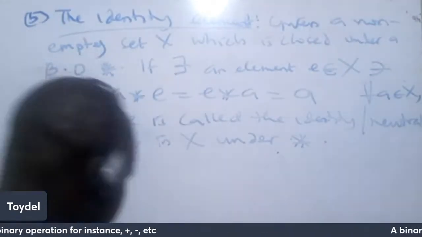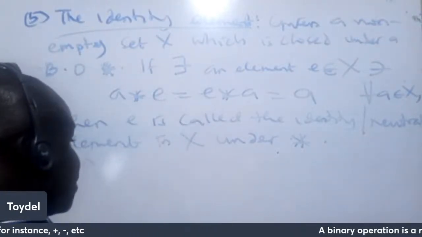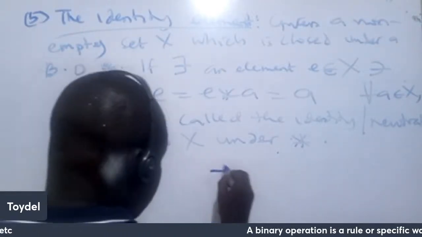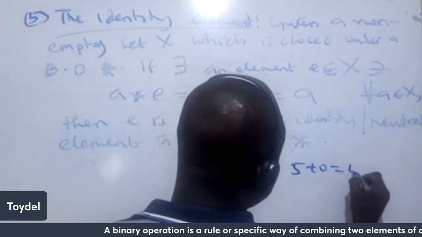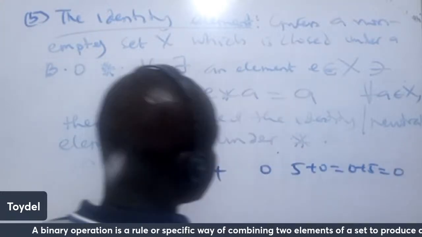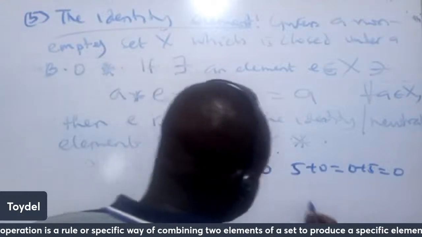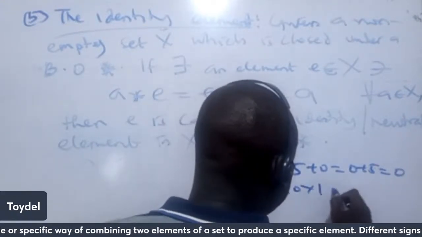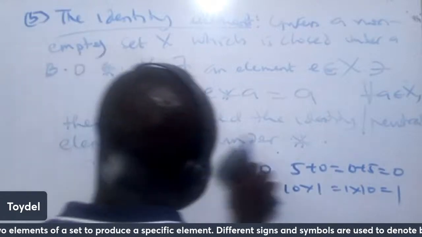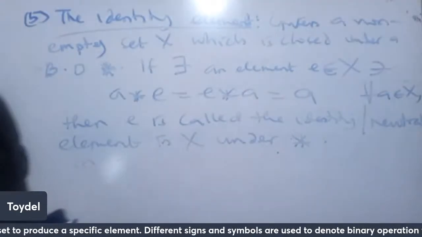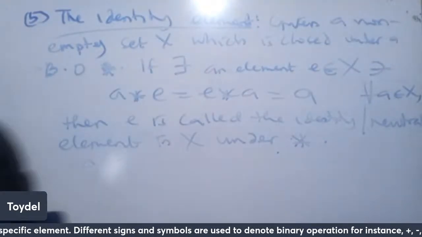Just like in the case of addition, the only identity element we have is 0. When we say 5 plus 0, it's the same thing as 0 plus 5, and we are going to have 5. Under multiplication, the only identity element is 1. When we say 10 times 1, it's the same thing as 1 times 10, and it's 10. So the identity element, if it exists, is always unique. So please let's note that.